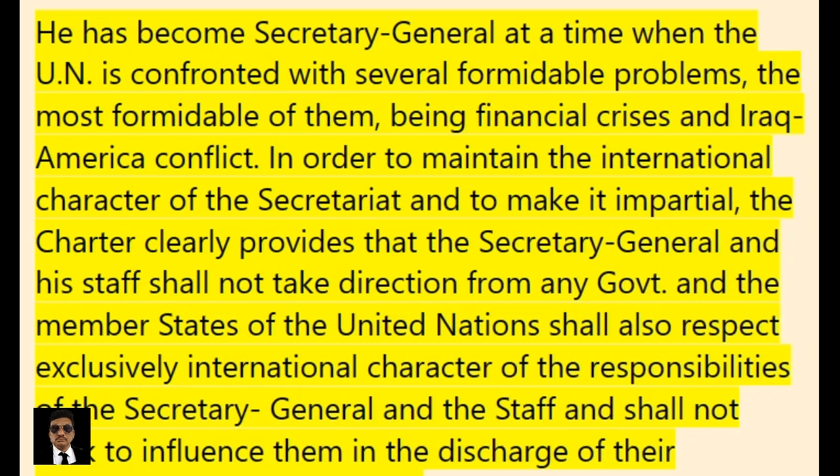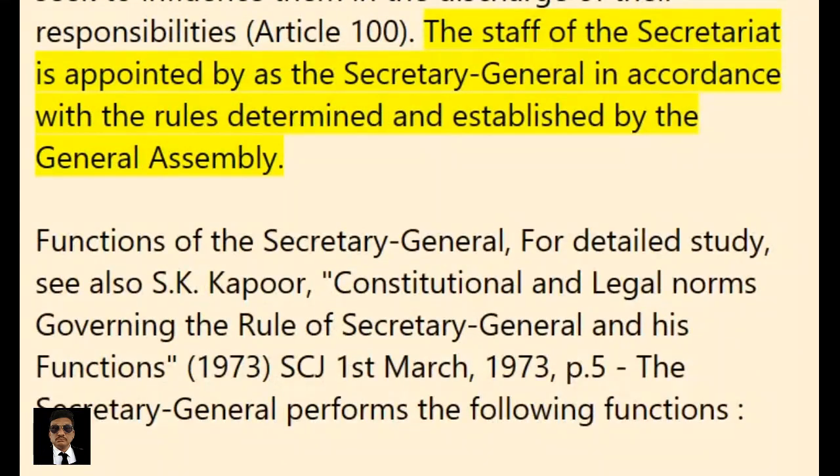Article 100. The staff of the Secretariat is appointed by the Secretary General in accordance with the rules established by the General Assembly.